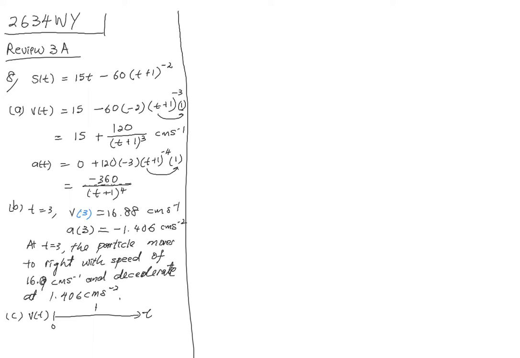It will never become 0 because t is greater than 0, correct? If you look at the acceleration function, because (t plus 1) to the power of 4 is always positive, negative divided by positive, you will get negative. So one positive, one negative. So from here, what conclusion can you make?